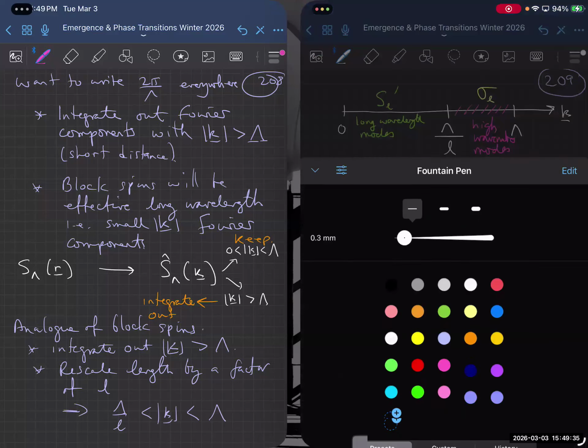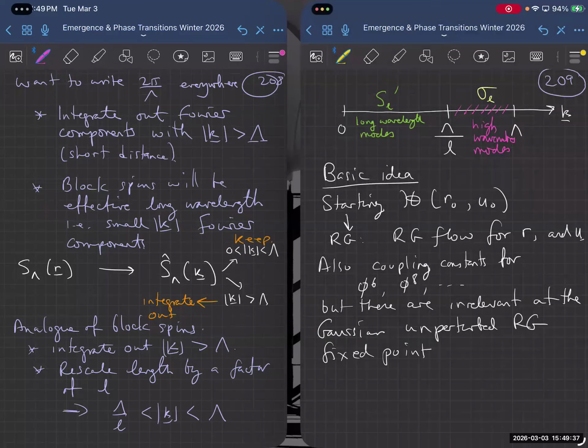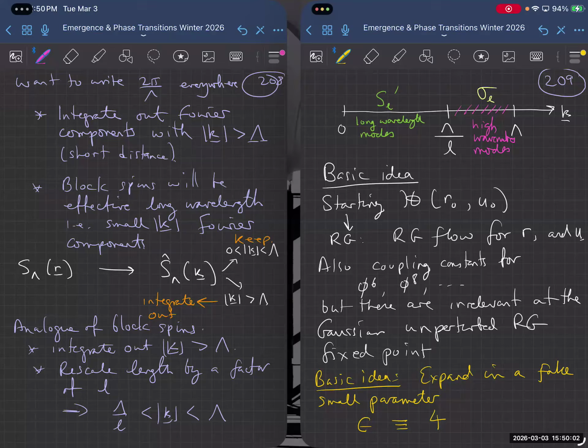And the basic idea from Wilson and Fisher is to expand in a fake small parameter, which is called epsilon, which is defined to be 4 minus d.